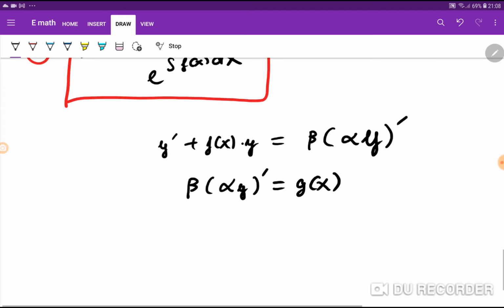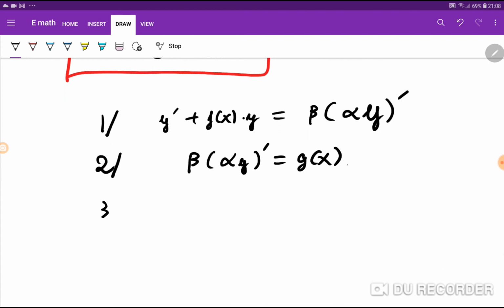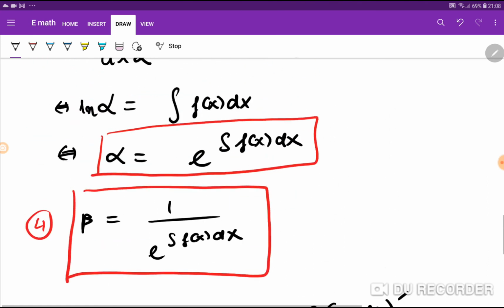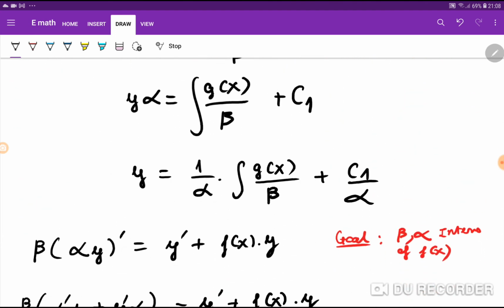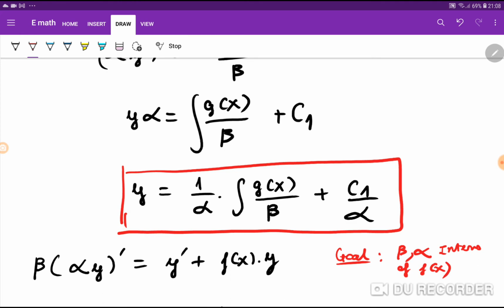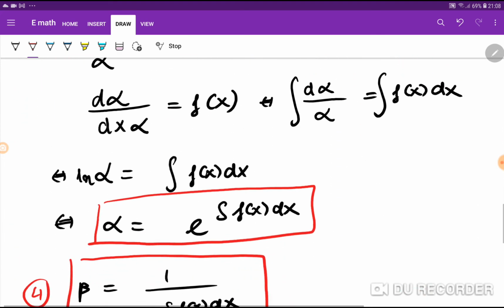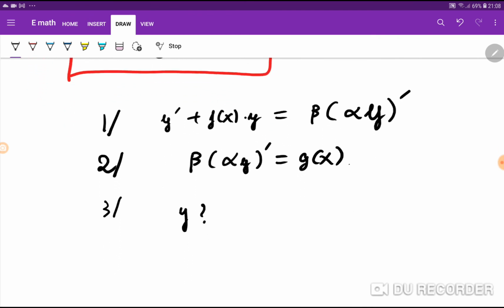This is the first step. The second step, the first algorithm: we turn it to this, solve for this equal g(x), and then we find y. I already highlighted all of that up here, so you can look at it. You can even plug in the formula. Some other professor will teach you a more efficient way of doing that, but this is not for problem solving. This is just to tell you the motivation behind it.